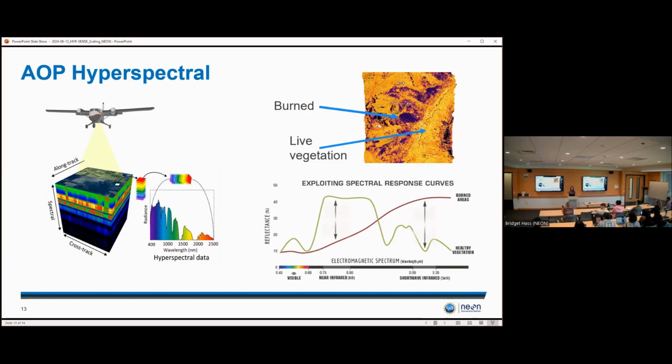And then on the top, this is one of our data sets from a project over some wildfires in the Pacific Northwest. This is a false color image. So instead of red, green, blue, we use something like an infrared band and then green and blue. And it really highlights the burned area compared to the live vegetation.